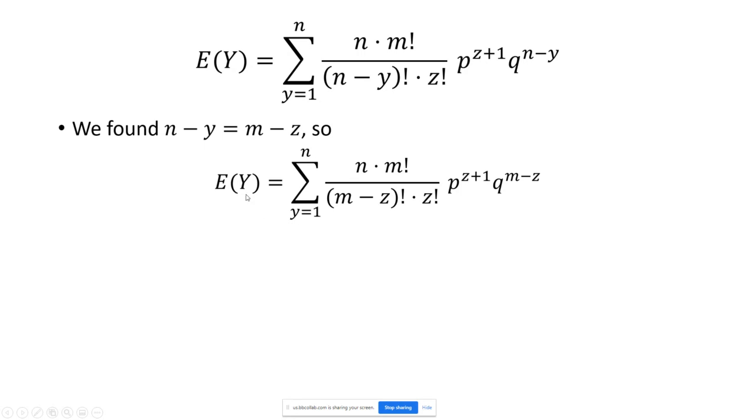We have the expected value of y is the sum as y goes from 1 to n of n times m factorial divided by quantity m minus z factorial times z factorial times p to the z plus 1 times q to the m minus z.